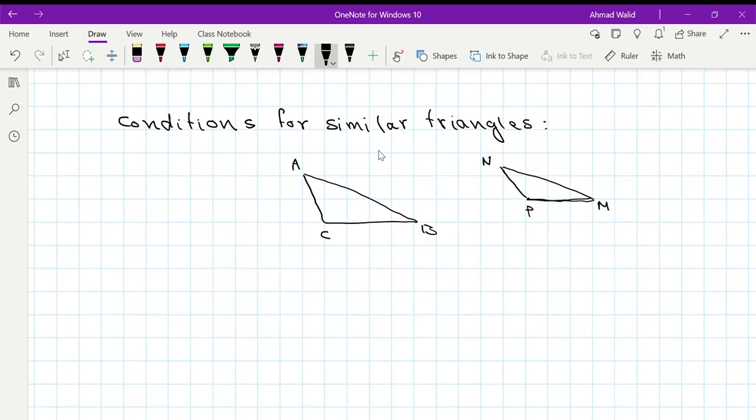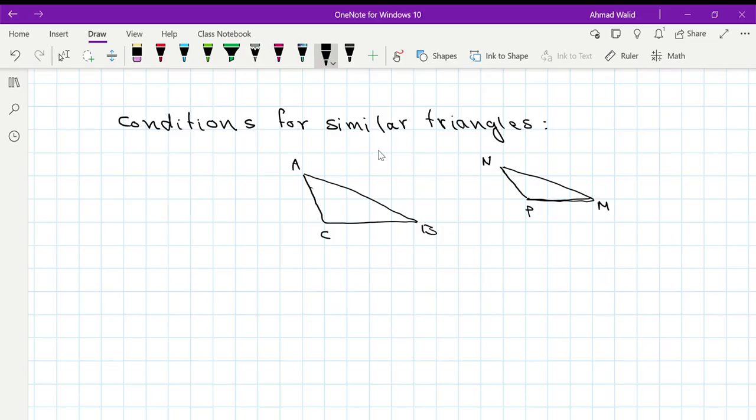There are a few conditions they share, and then you can call these triangles similar triangles. If they don't have these conditions, you cannot call them similar, correct?